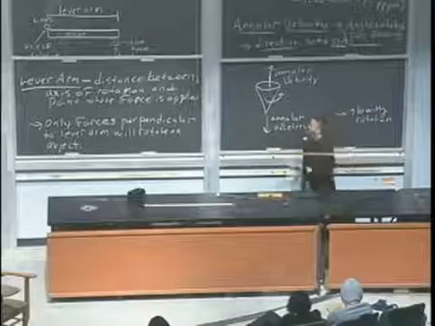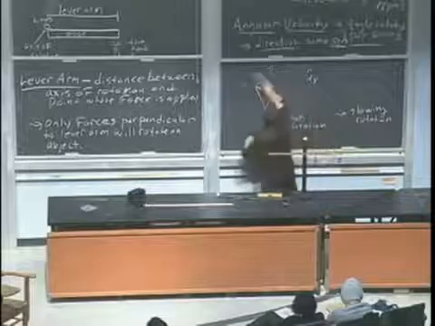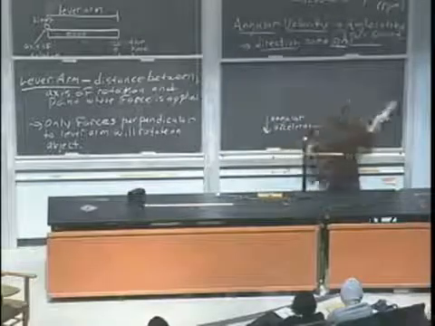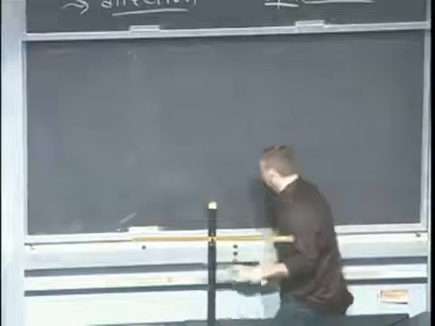So let's write that down. Torque is our analogy to force, but in order to rotate an object, you have to take into account the length of the lever arm.